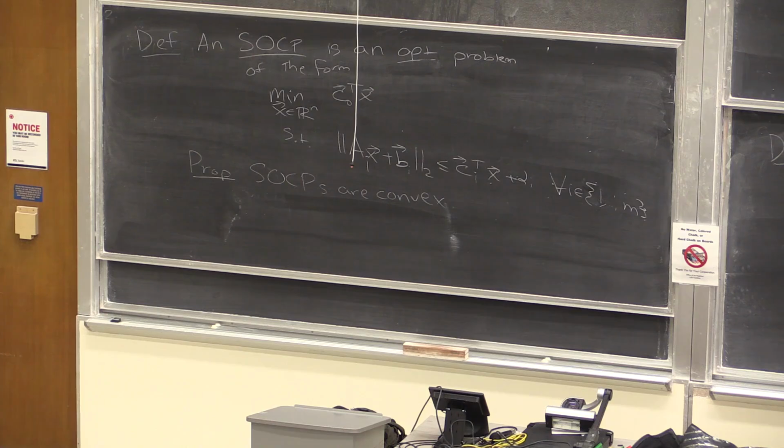You can also prove, and it's in the course reader, that quadratically constrained quadratic programs, meaning quadratic programs where you add convex quadratic constraints, are also SOCPs. But for brevity, I won't do it in the lecture. You can look up the proof in the reader.